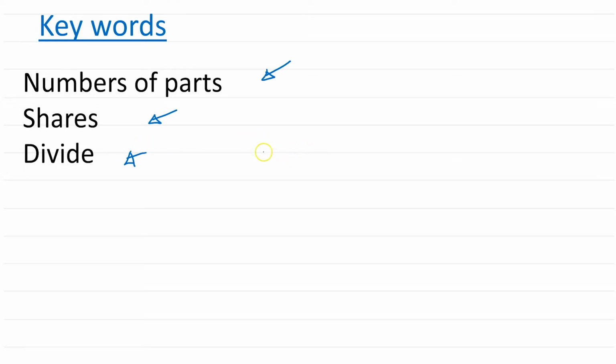So let's have a look at how we could interpret ratios then. So for example, if we have a ratio of 2 to 3, we say 2 to 3. Now, the number of parts are these. There are 2 parts here and there are 3 parts there.